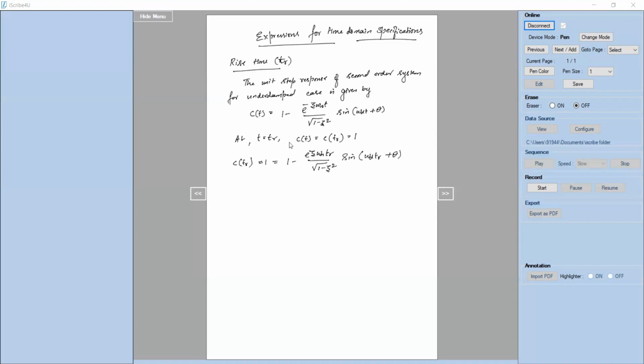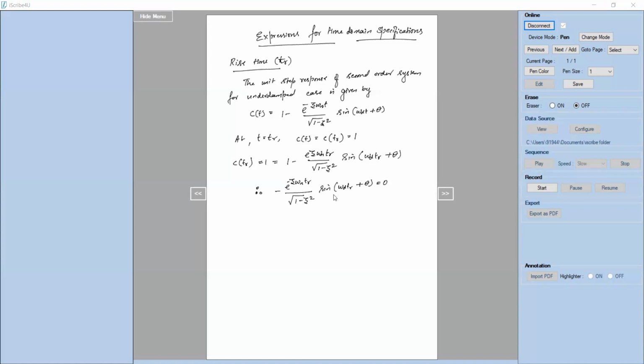So therefore, we can simplify this to be minus e power minus zeta omega n TR divided by square root of 1 minus zeta square sine omega dtr plus theta equals 0. What I did? I have just sent this 1 to the left side and it gets cancelled.